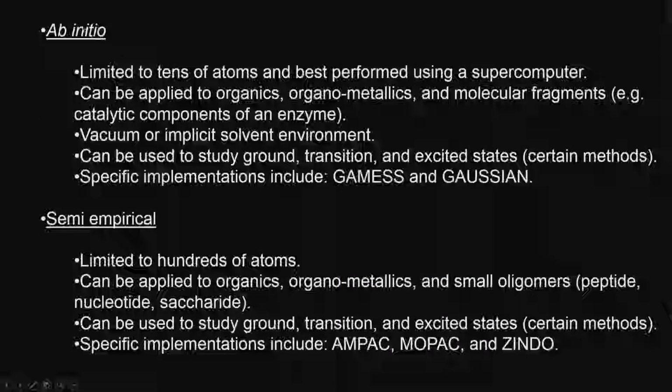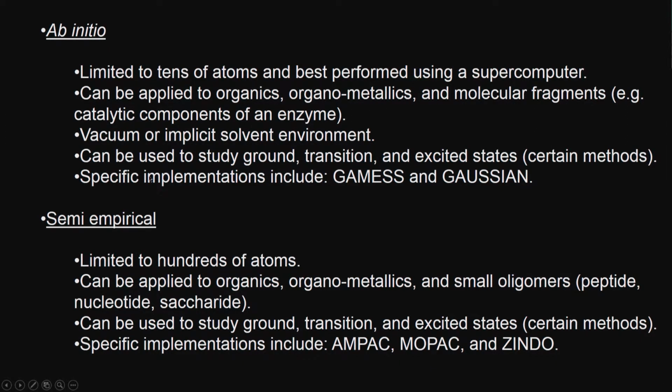Okay, so like I said, we have ab initio and we have semi-empirical. Ab initio is limited to tens of atoms, so you need to have very good computational resources. We can apply it to organics, organometallics, molecular fragments, catalytic components of an enzyme. We can do vacuum or implicit solvent, and study ground state, transition state, and excited state.